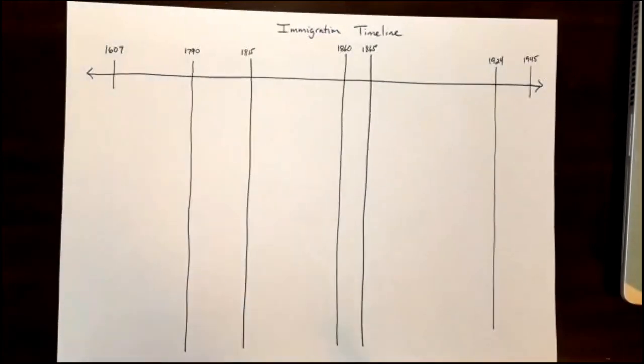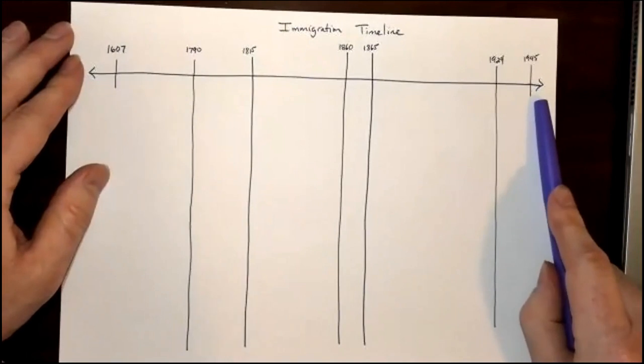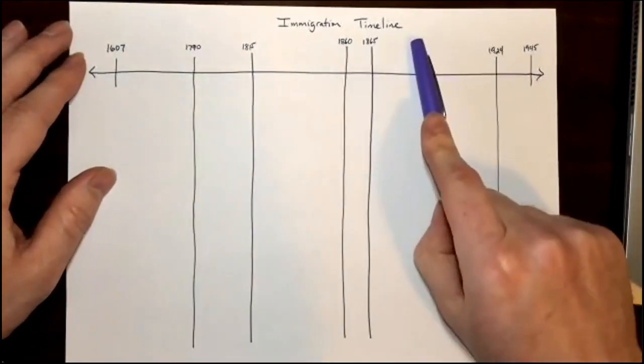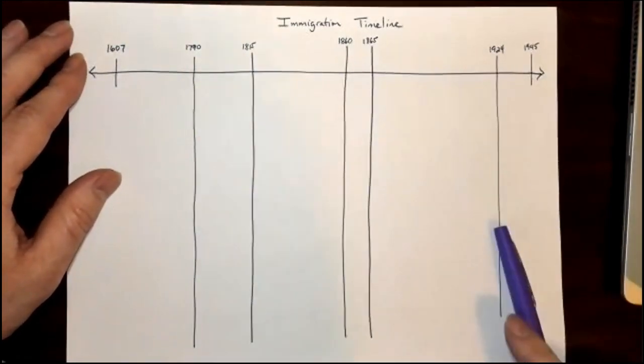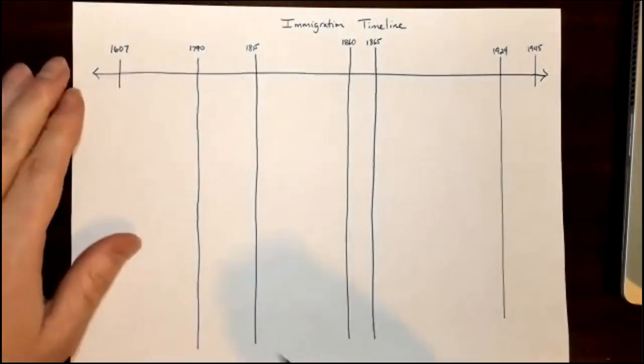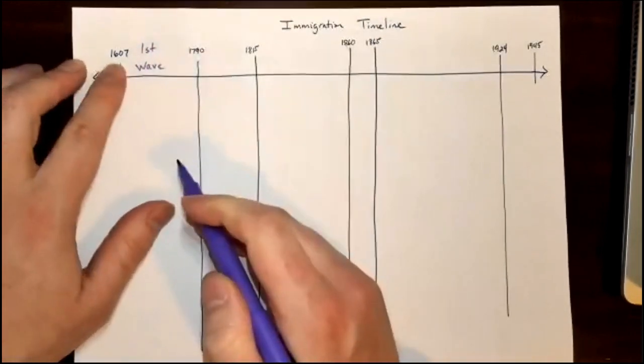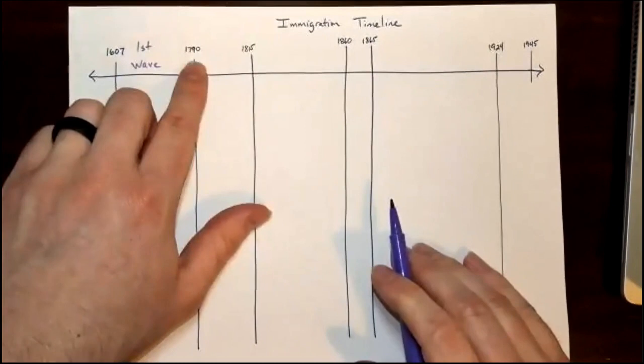So let's work through this together. If you can, have that timeline drawn across. You can label it immigration timeline. Our first era, which is known as the first wave of immigration, is going to be 1607 to 1790.